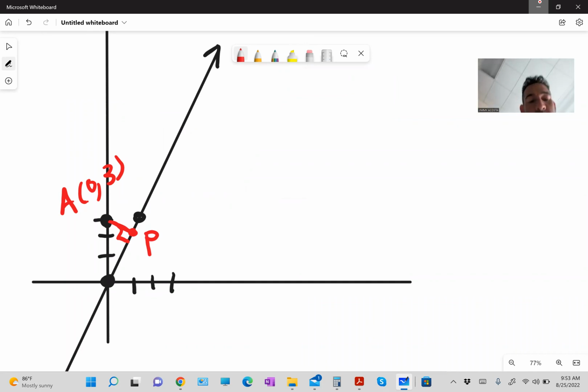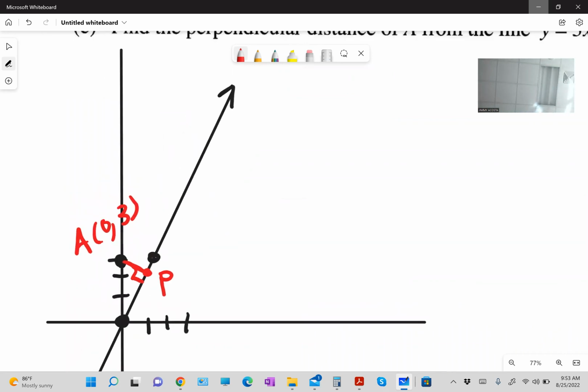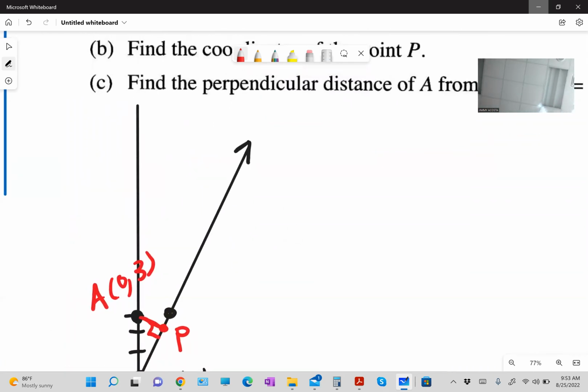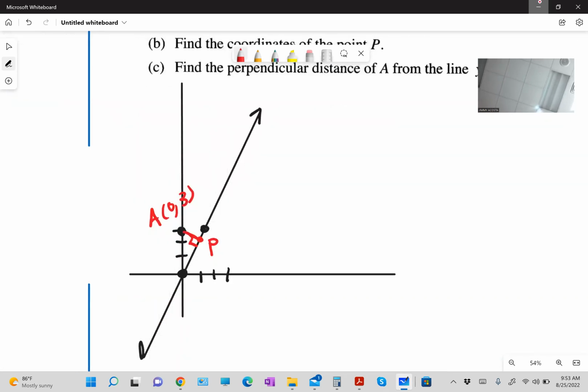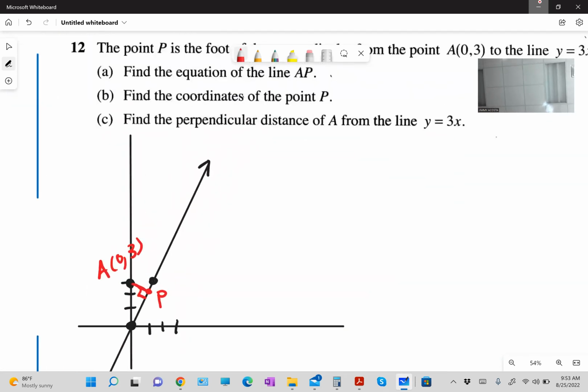So we're going to have to find that intersection. The first thing we should do, it says, find the equation of line AP. So this here is y equals 3x. Therefore, the slope here is 3.